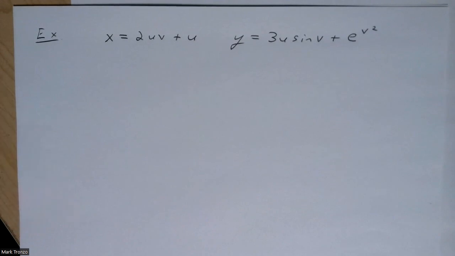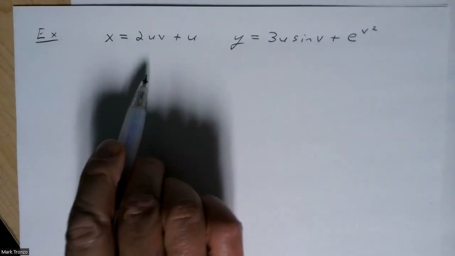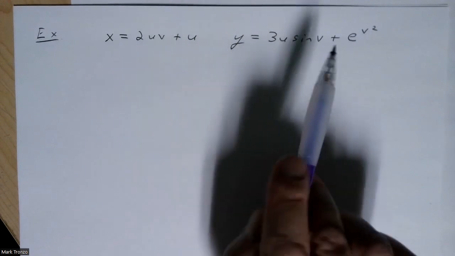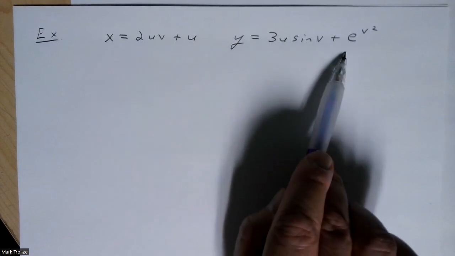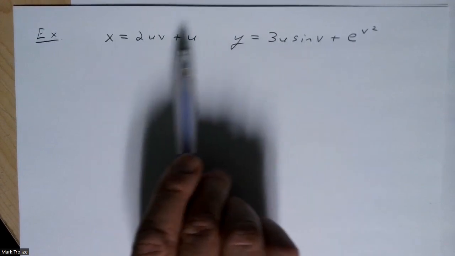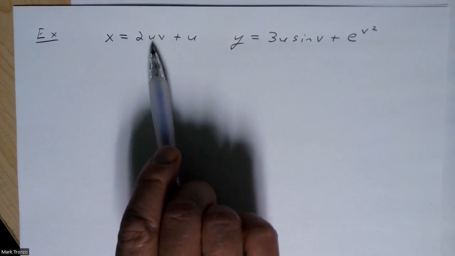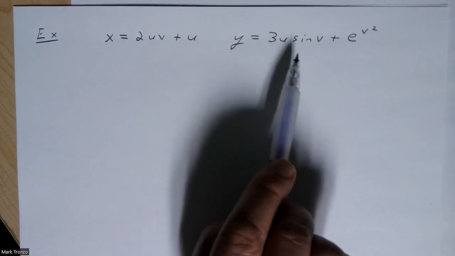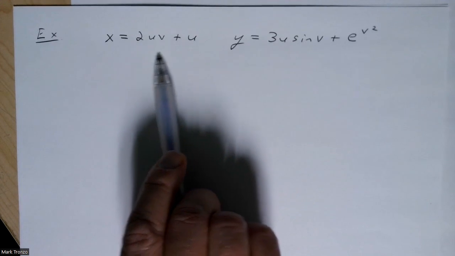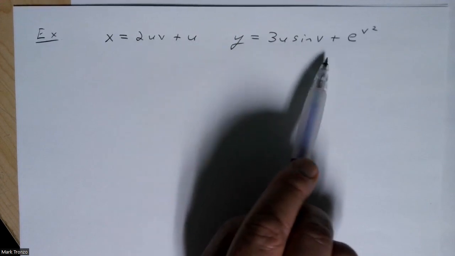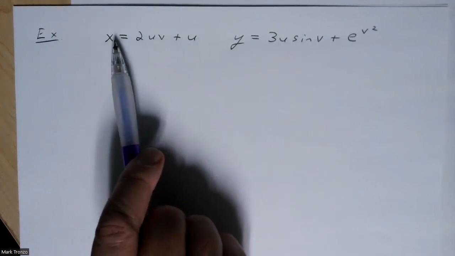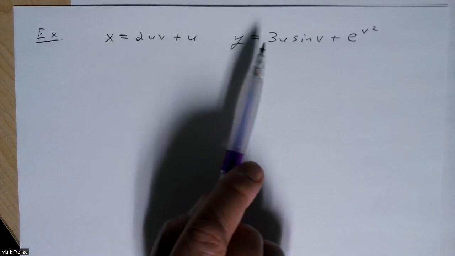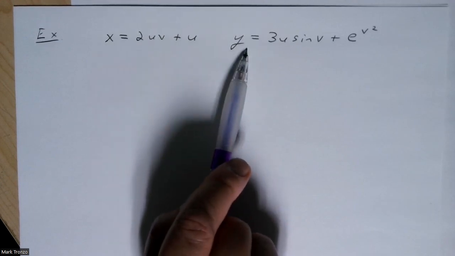In this case, this would be your first function and this would be your second function. Similar to before, except that this time your independent variables are u and v. It's really important to recognize that your independent variables are u and v. And you can even think of x as being your function and y being another function.